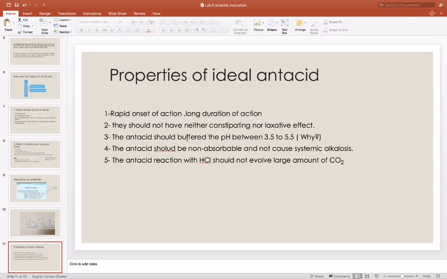The antacid should raise the pH للرينج from 3.5 to 5.5. Why 5.5؟ لازم احنا الريس عندنا ما تكون أكثر من 5.5 لأن البيبسين activity will be inactivated or will be stopped at a pH higher than 5.5. لذلك the ideal antacid should not raise the pH to higher than 5.5.